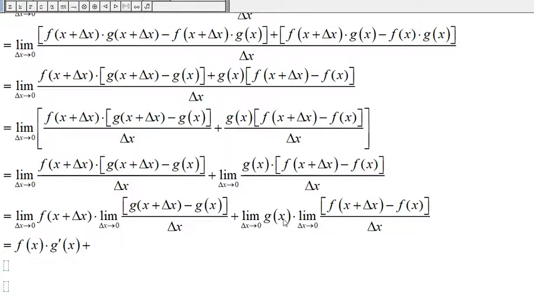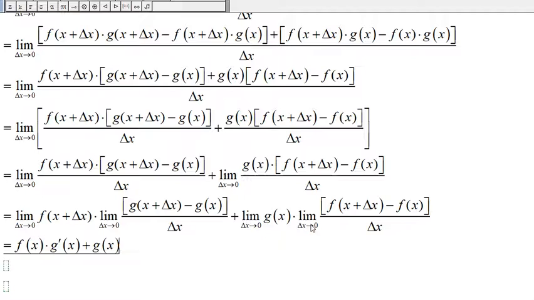And then right here, the limit is with respect to delta x. There's no delta x here. And so the limit here is just g of x. There's no delta x, so we can think of this as a constant as far as letting delta x approach 0 is concerned.